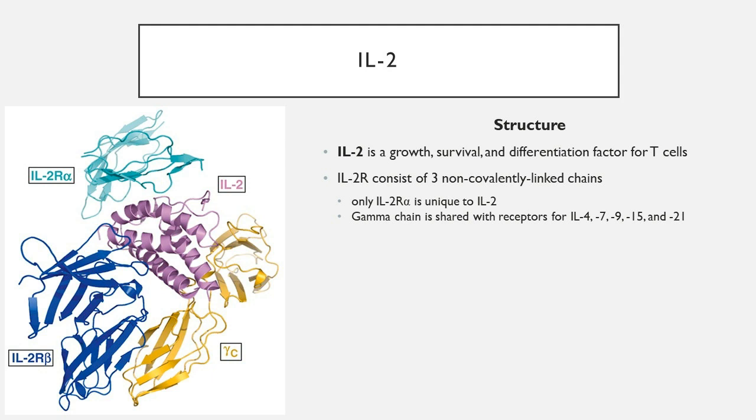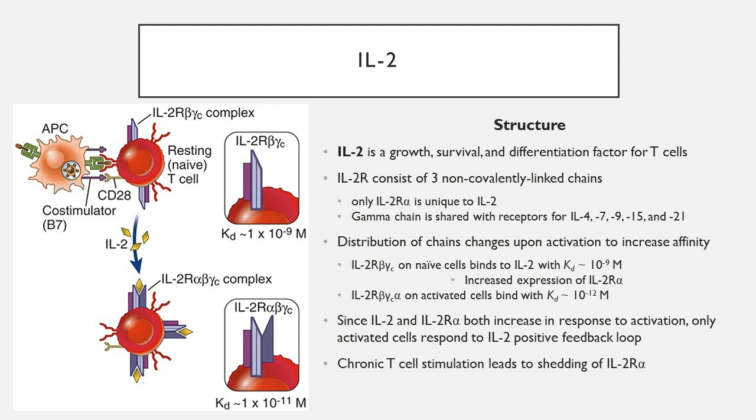And this receptor consists of 3 non-covalently linked chains. What you need to remember is that the IL-2R alpha, which I just mentioned on the previous slide, is the only one unique to IL-2. The other chains, in fact, are shared with a couple of other receptors for different cytokines, like IL-4, 7, 9, 15, and 21, but we don't need to go into that right now.